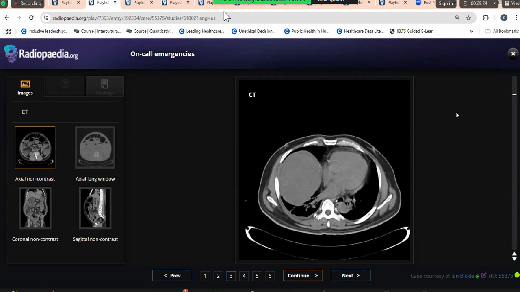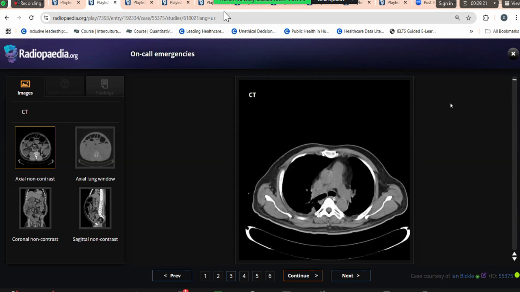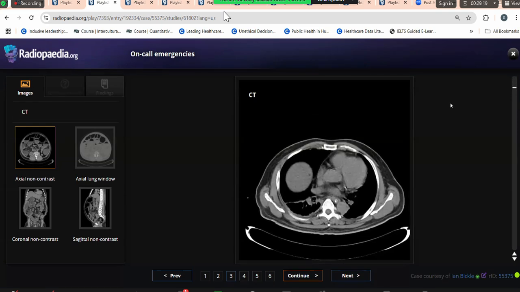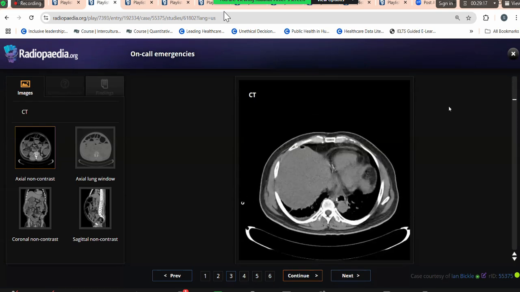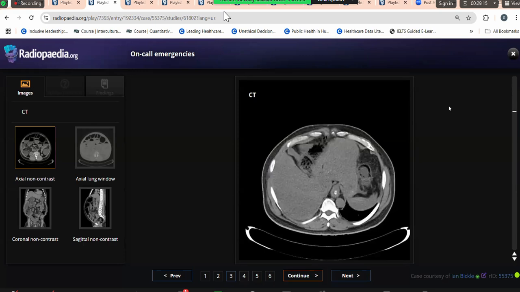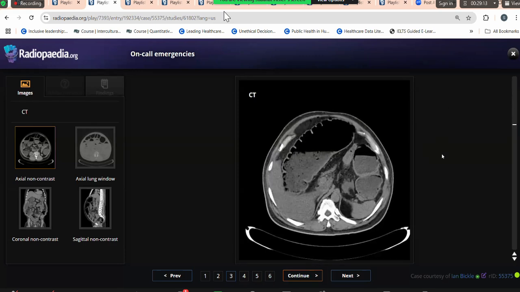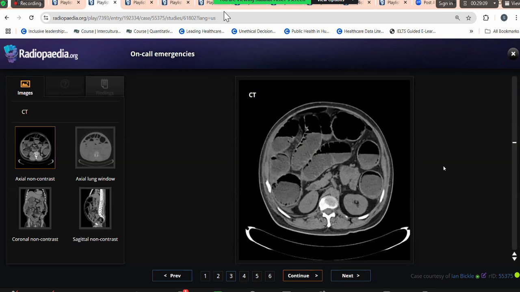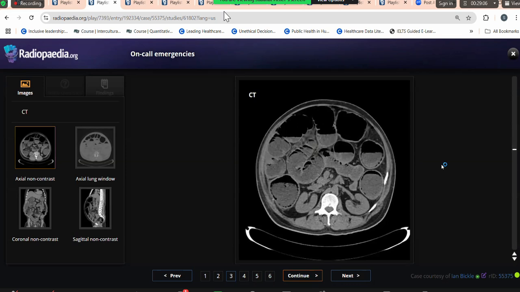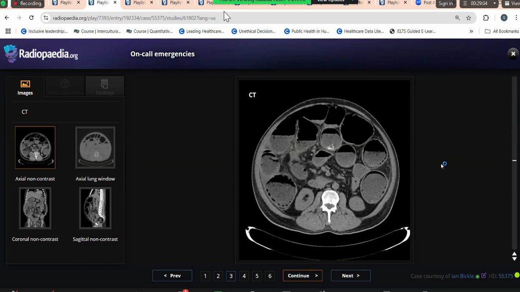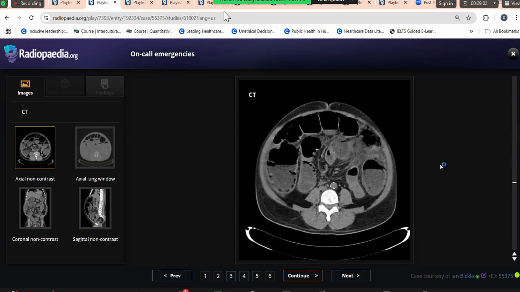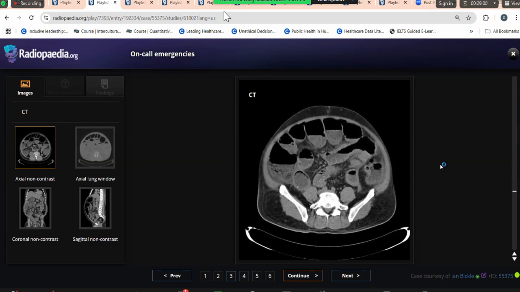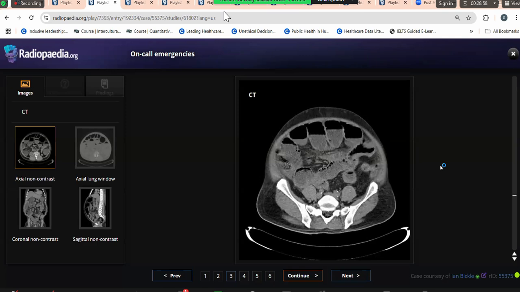So going up, I can appreciate that there is some pleural effusion and basal atelectasis noted. However, I would confirm them on the lung window. The nasogastric tube is in situ. There are air fluid levels noted within the large bowel.